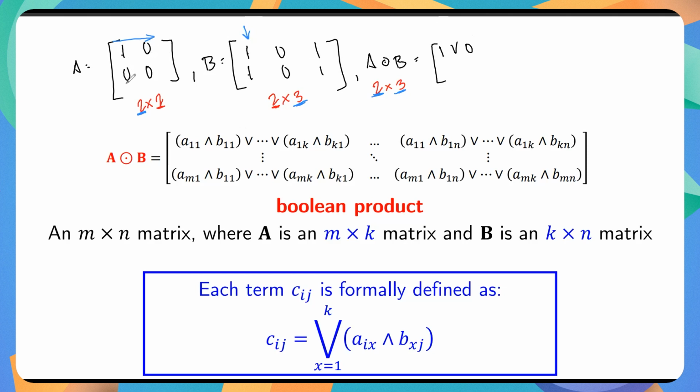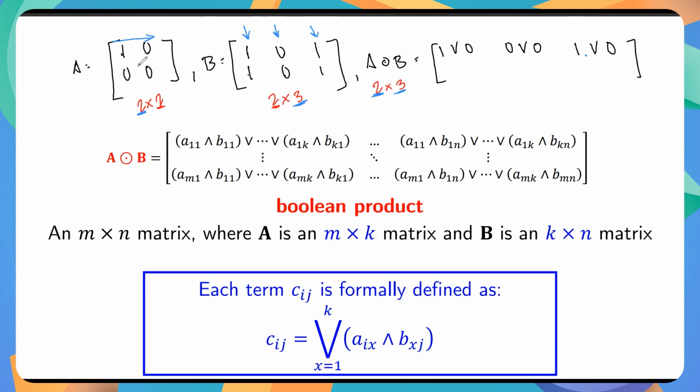Next is here. So 1 and 0 is 0, 0 and 0 is 0. Then for the third element, at row 1, column 3, 1 and 1 becomes 1, and 0 and 1 is 0.